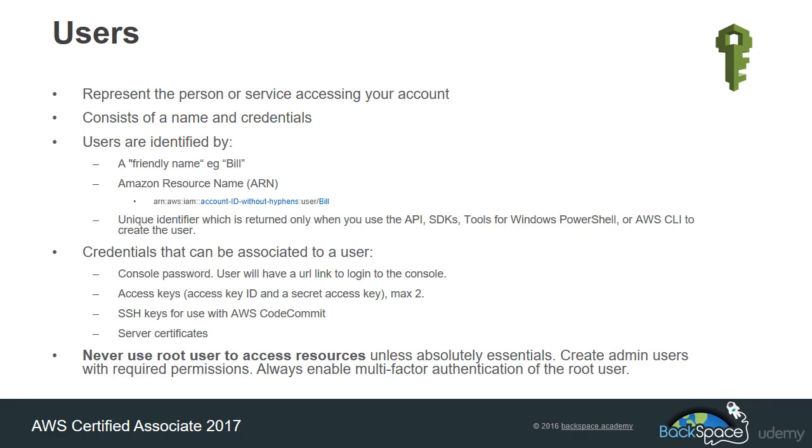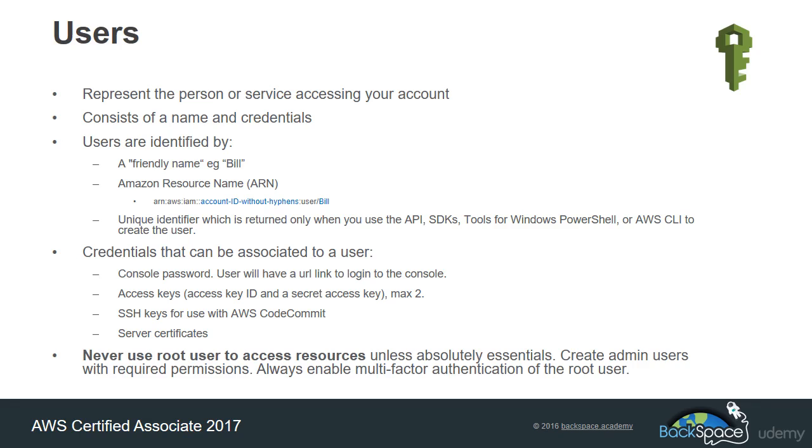This is a global service, so we don't define a region, so it'll have 2 colons there. Then we have the account ID without hyphens, then :user, then a slash, and then the user friendly name after that. You need to understand what an ARN looks like for a user. It may come up on the exam.